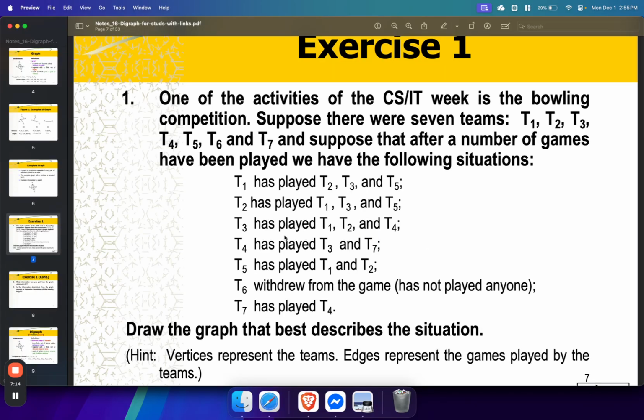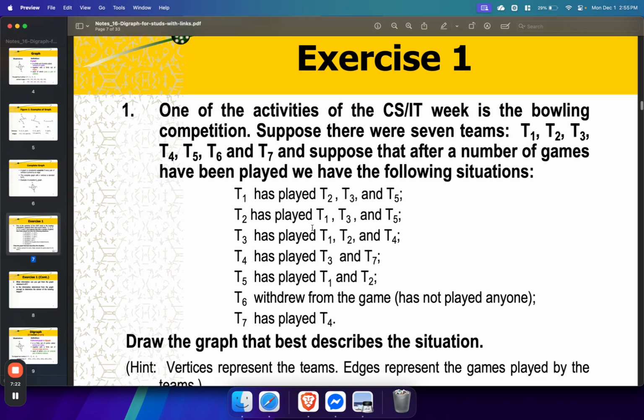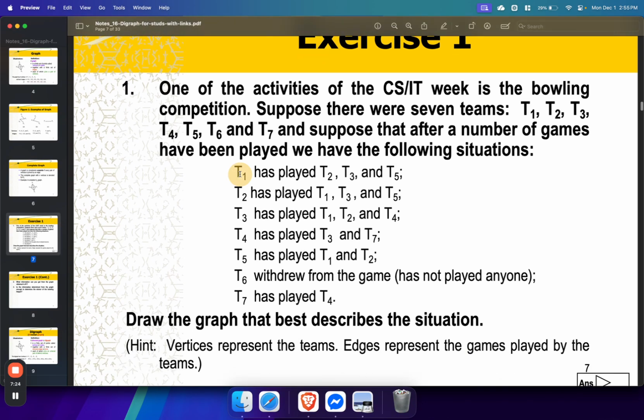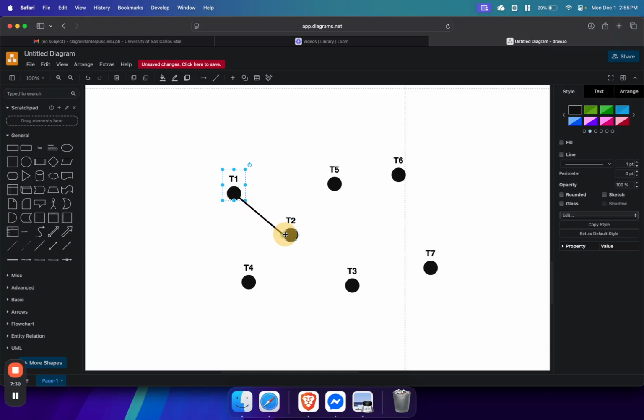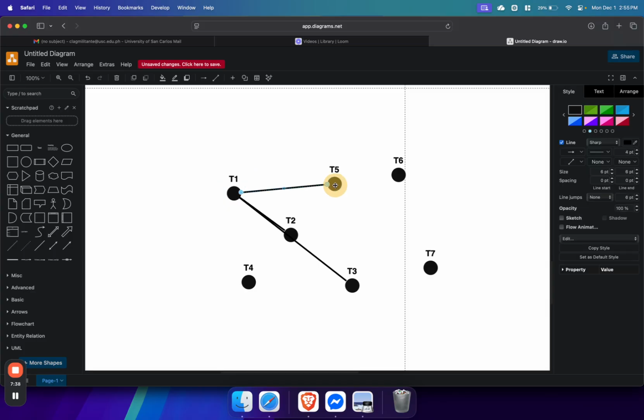Very easy. So it says that T1 has played T2, T3, and T5. So that means there has to be an edge going from T1 going to 2, 3, and 5. So in our drawing, that would just mean T1 to T2, T1 to T3, and T1 to T5.